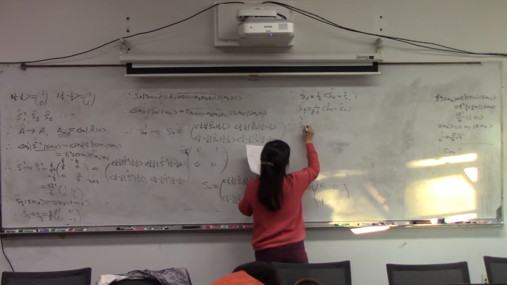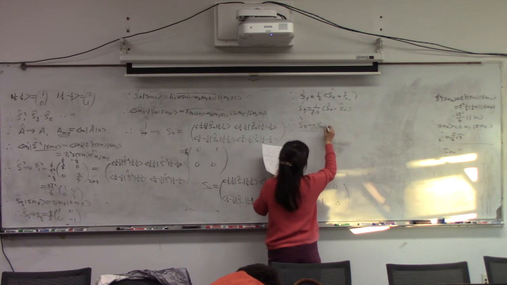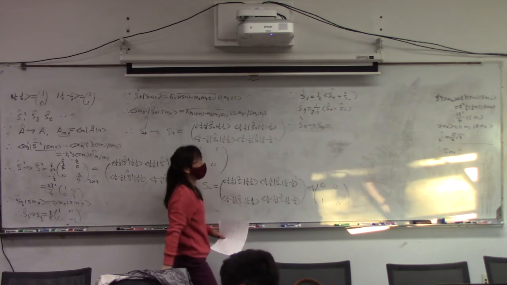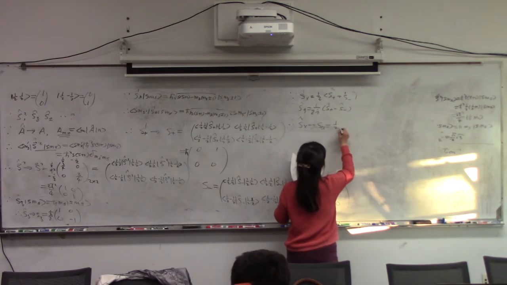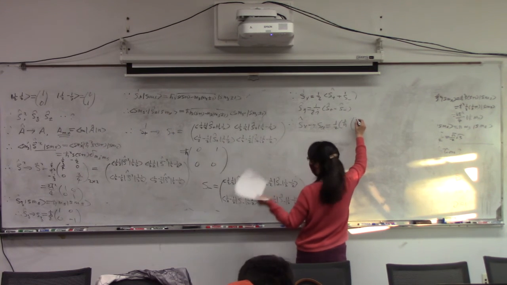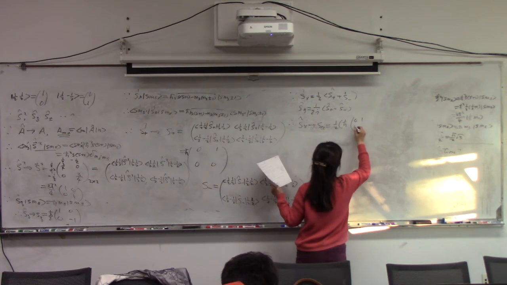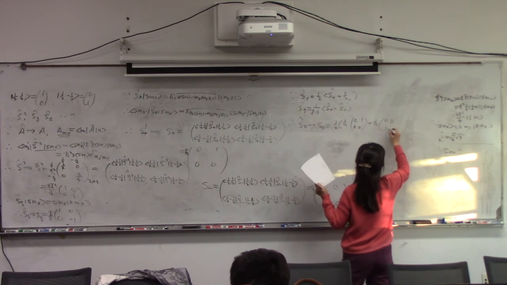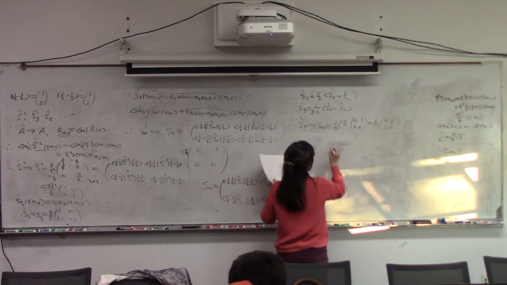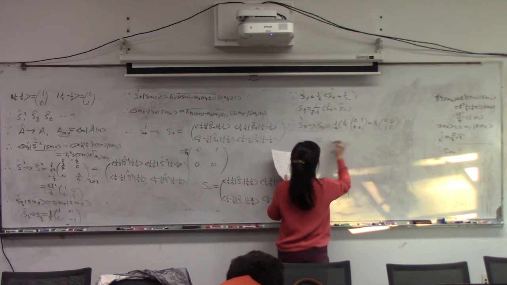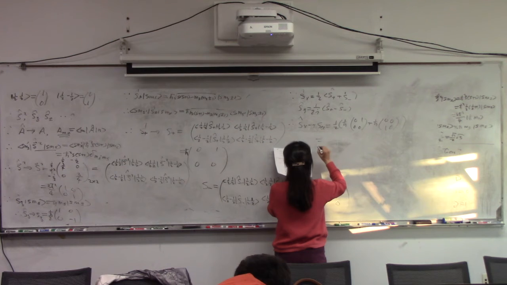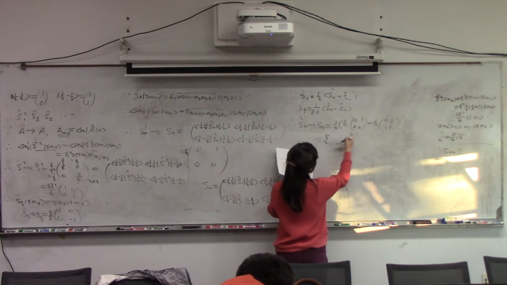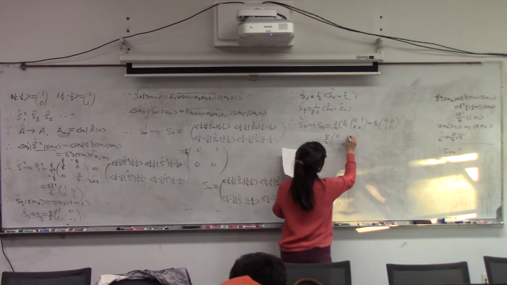So Sx goes to this matrix. You just add these two together. So that is half of h bar. The first one is 0, 1, 0, 0 plus half of 0, 0, 1, 0. And then you have 2 h bar, so that is h bar, half h bar, right? Diagonal term is 0.